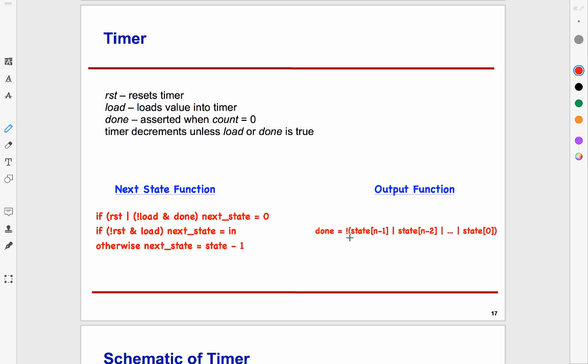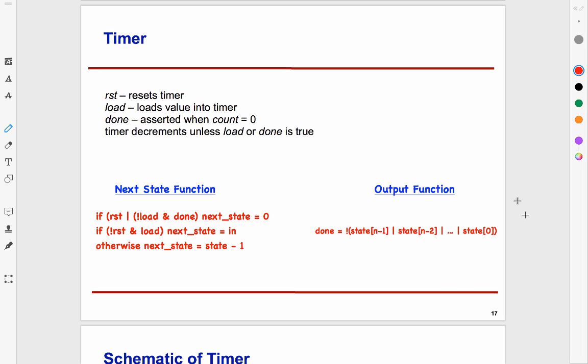And what about the done signal? The done signal is basically saying that I have reached all zeros, which is another way of saying that all the bits are 0. So it's basically saying it's not the case that any of the bits is 1.